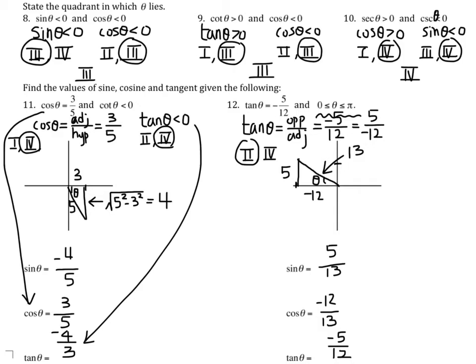So our sine, in the second quadrant, sine is positive, 5 over 13. In the second quadrant, cosine is going to be negative, negative 12 over 13. In the second quadrant, tangent is negative, negative 5 over 12. And especially, we were given the tangent in the question. So again, this is like a given-away point, negative 5 over 12.